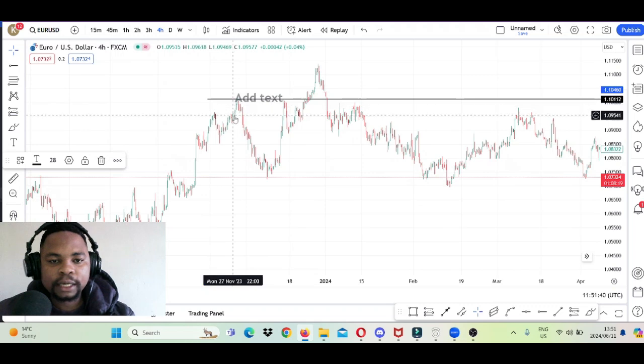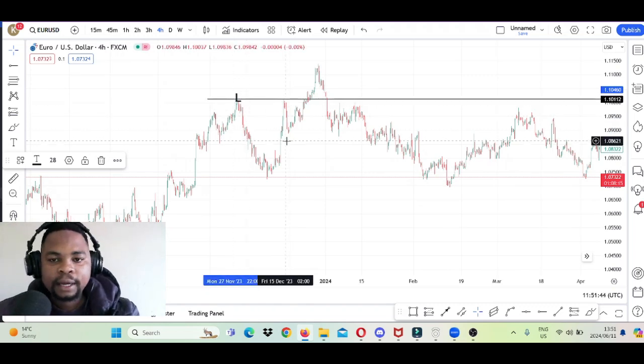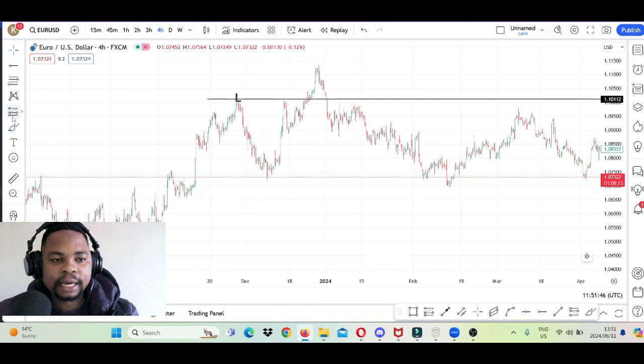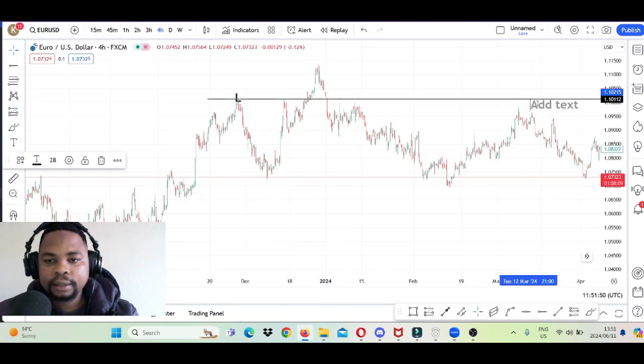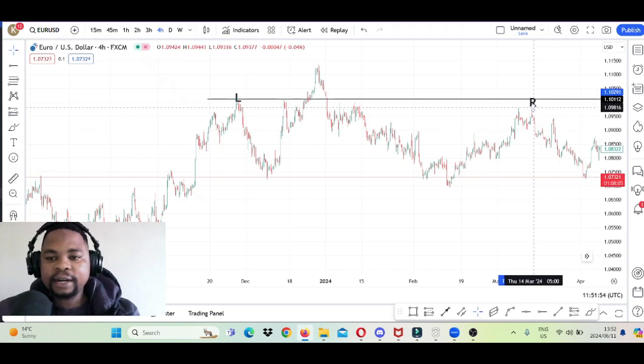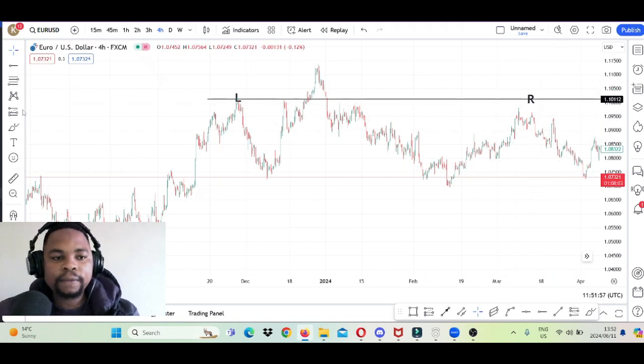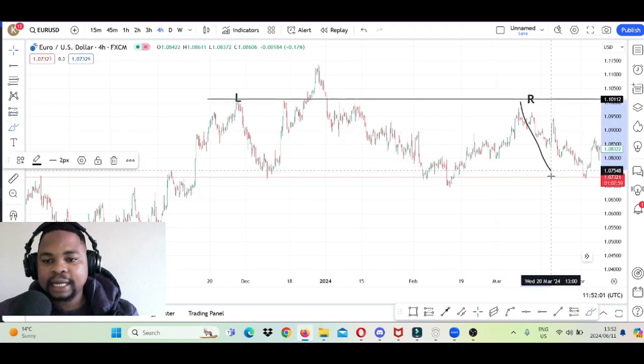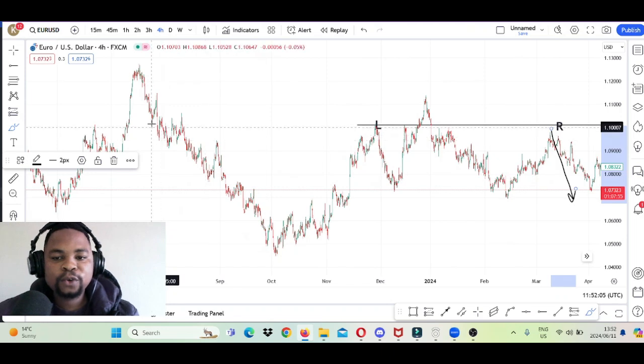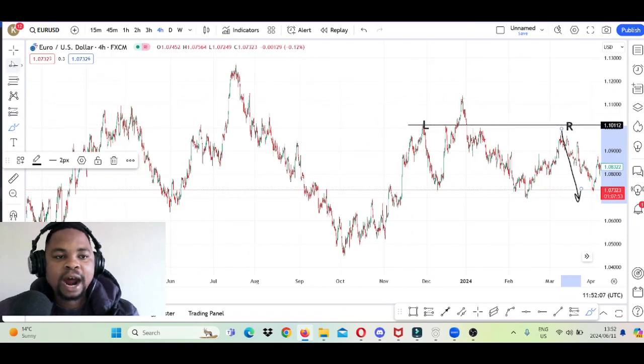This is your left shoulder over there, and then obviously on the other side it's your right shoulder right here. So instead of entering on a neckline, enter there at the top, exactly where your right shoulder starts, in order for you to eat all the juice.